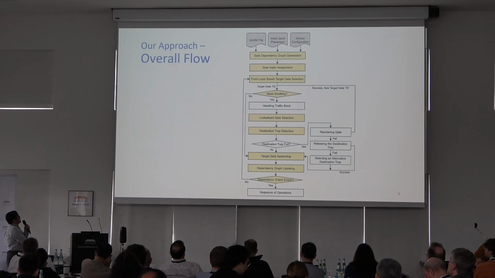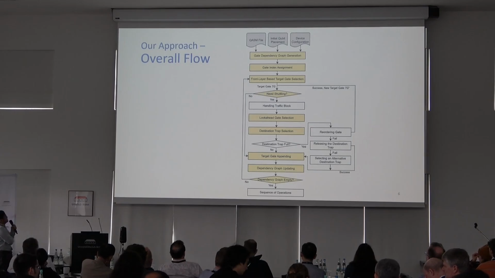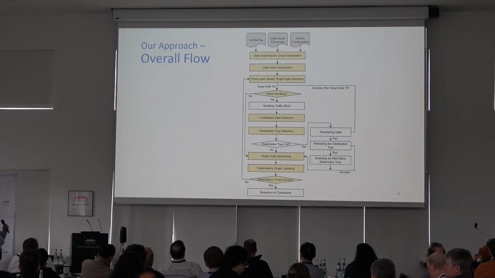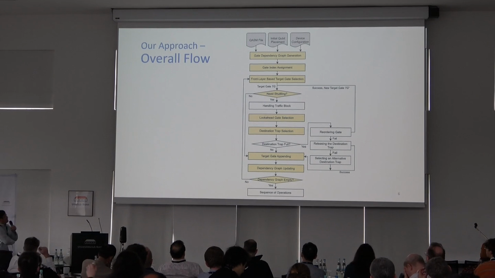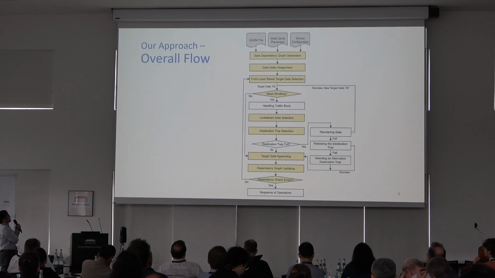If the target gate doesn't need shuttling, then we can append the gate to the output sequence. Otherwise, if the target gate needs shuttling, we check whether there exists any traffic block that could prevent the ion from shuttling. If a traffic block does exist, we resolve it.